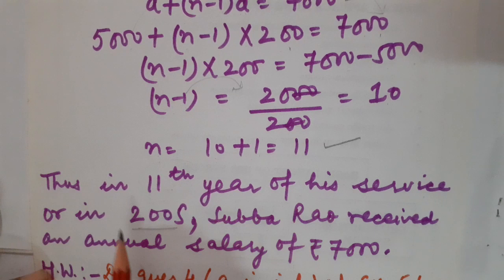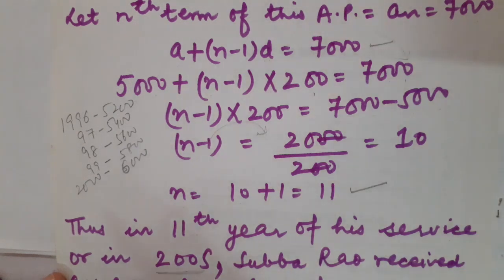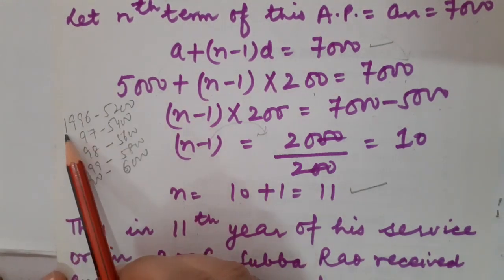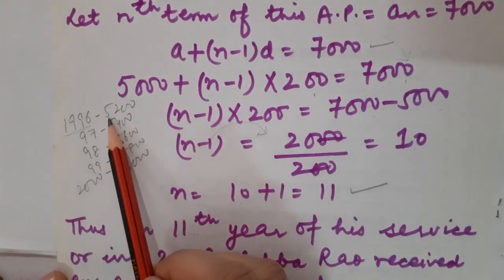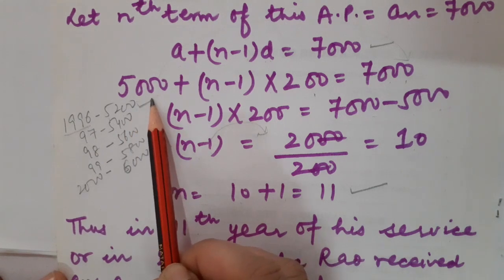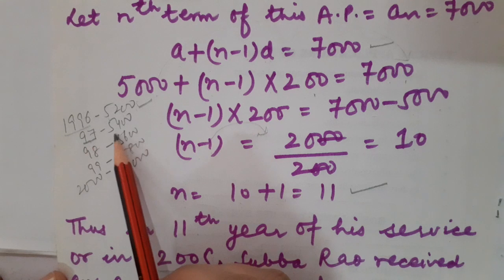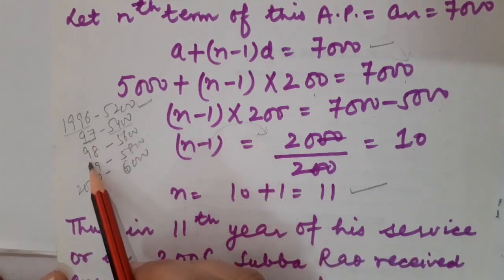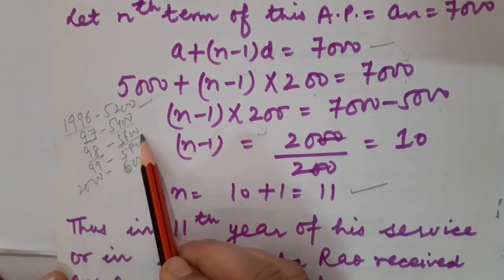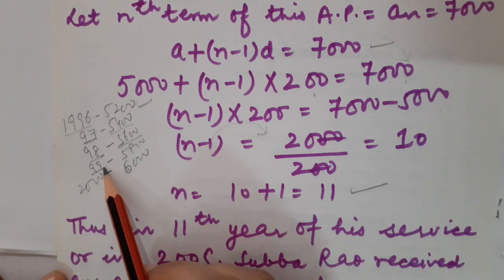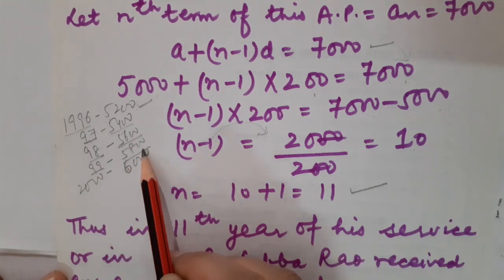So that's why in 2005, the person was going to get the salary as 7,000. Just understand once. In 1996, he was going to get 5,200 after the increment of 200. Correct? In 1997, then 5,400. In 1998, 5,600. Then in 1999, he was going to get 5,800.